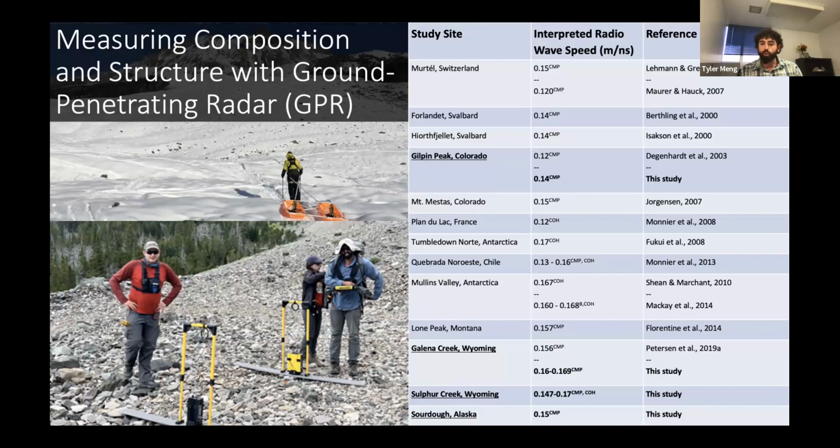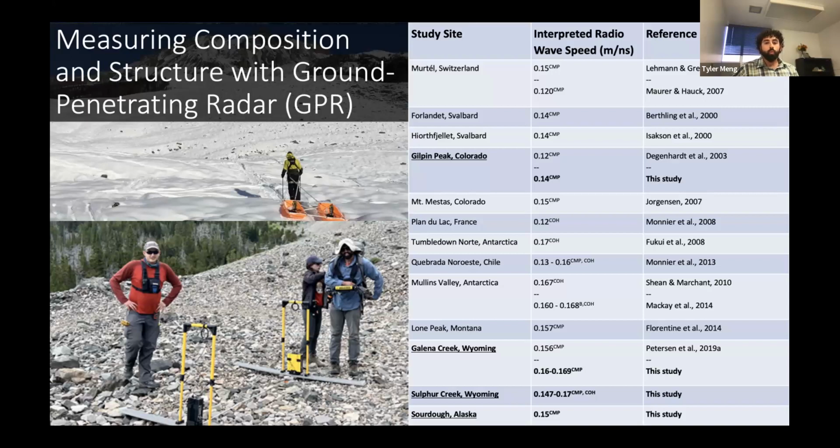I know there are more studies out there that have used GPR on rock glaciers to measure their wave speed and subsequently their dielectric properties and ice composition. So you can see it's an extremely common method for measuring the geometry of glacial deposits, solely for the reason that radio waves propagate very well through ice, and it's one of the best media for radio waves.